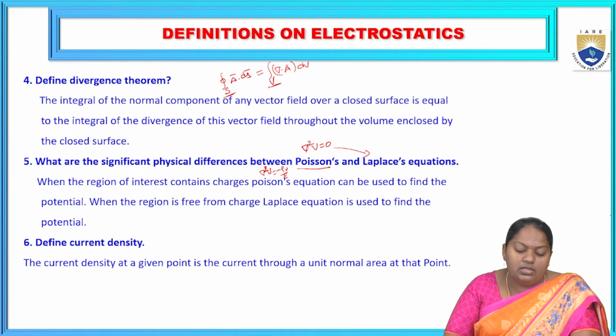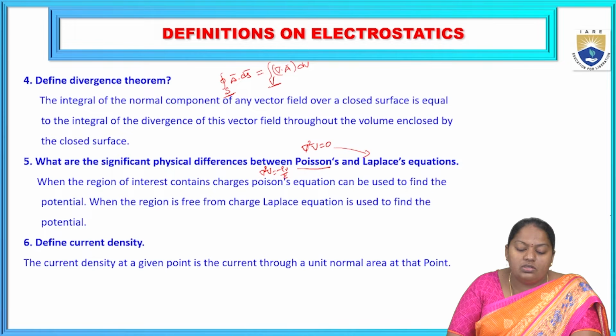In the general case, both Poisson's and Laplace's equations are used to calculate the electric potential, which we denote by V. Hence, if rho V equal to 0, then del square V equal to 0, and that is called Laplace's equation. This is the significant difference between Poisson's and Laplace's equations.